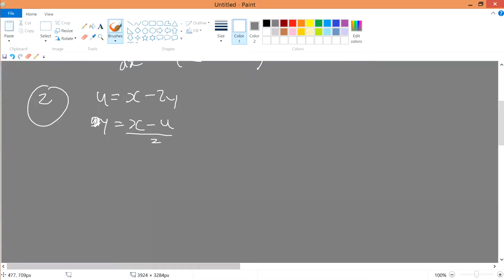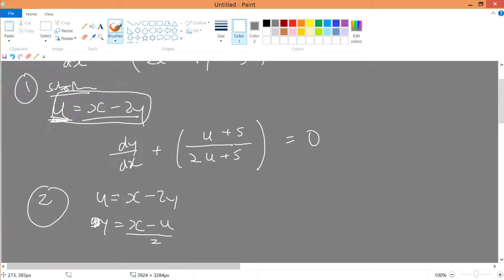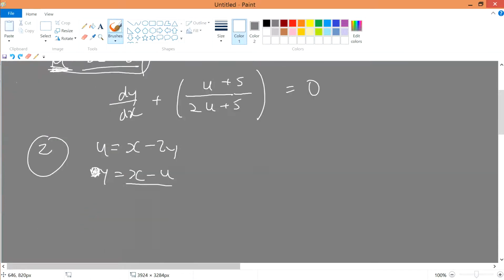It's pretty clear. I'm just taking our choice of substitution, plugging it into this equation, solving in terms of y, and then differentiating. I'm trying to replace this term in terms of x and u.